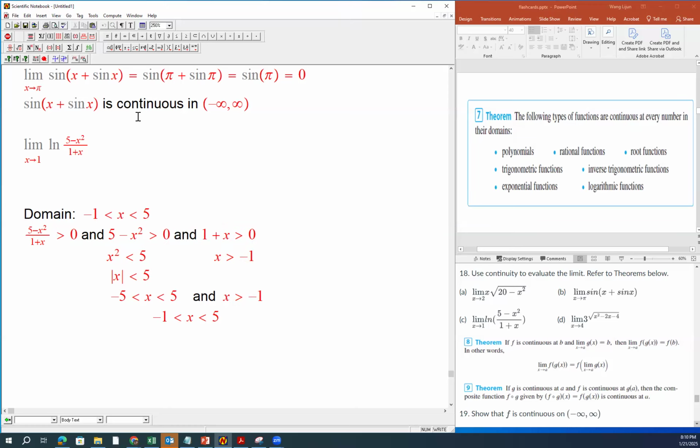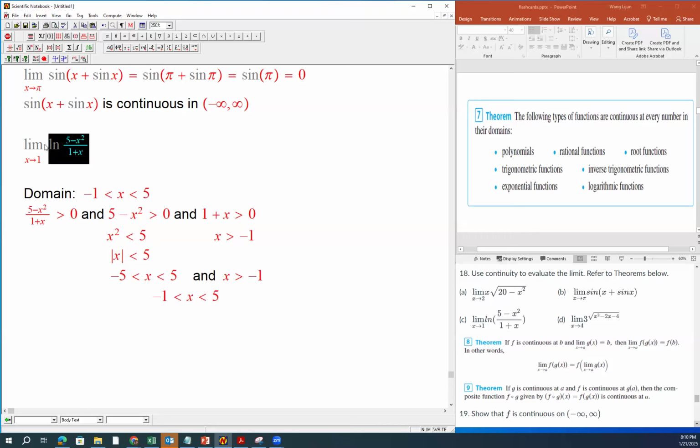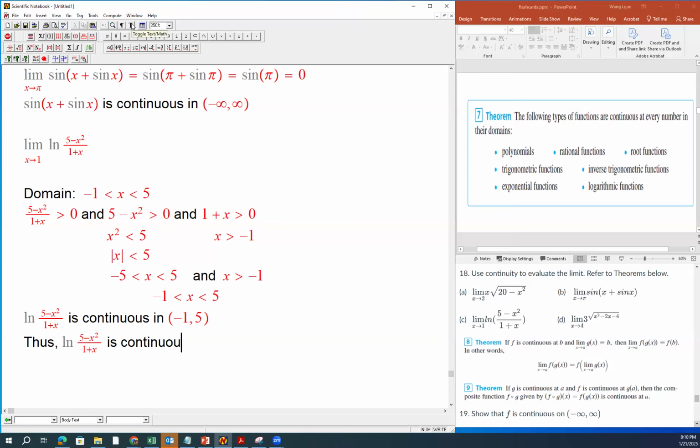So by this time, you can say this function is continuous in that interval from -1 to root 5. And 1 is part of it, okay? Thus, the function is continuous at 1, and then we can just do direct substitution.